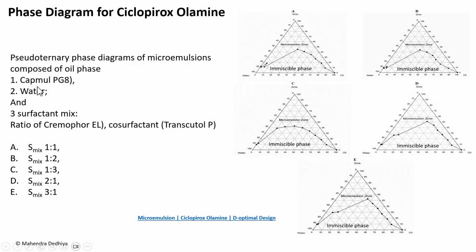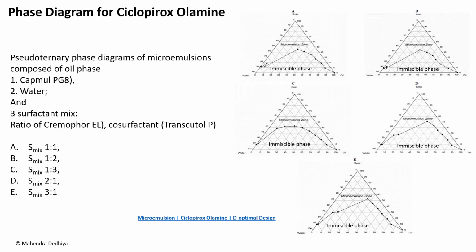The oil phase here is Capmul PG8, with water, and the surfactant is a mixture of Cremophor and Transcutol P. Ratios of surfactants are shown here: 1 to 1, 1 to 2, 1 to 3, 2 to 1, and 3 to 1. The phase diagram mixes oil, water, and surfactant in different concentrations for each of these mixes.